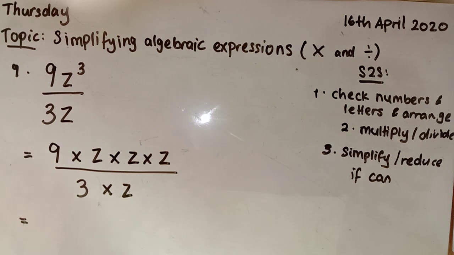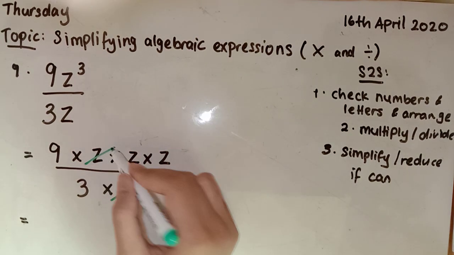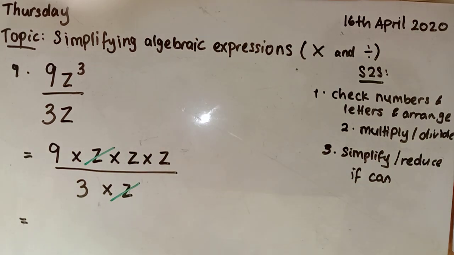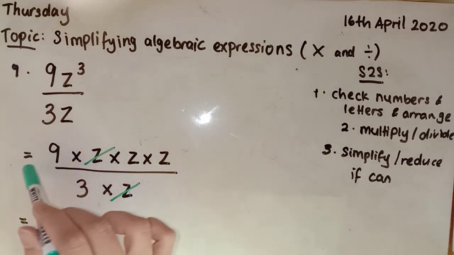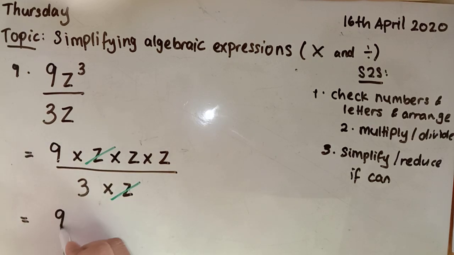So, we can reduce, cancel. So, ni ada kawannya di atas, ada lagi kawannya di bawah, nada kan? So, just leave it be. Alright? Then, okay. I know you can do this. I know some of you can do this straight away. You can cancel out 9 and 3. But I'm just going to show you one by one. So, here yang tinggal di atas is 9Z.